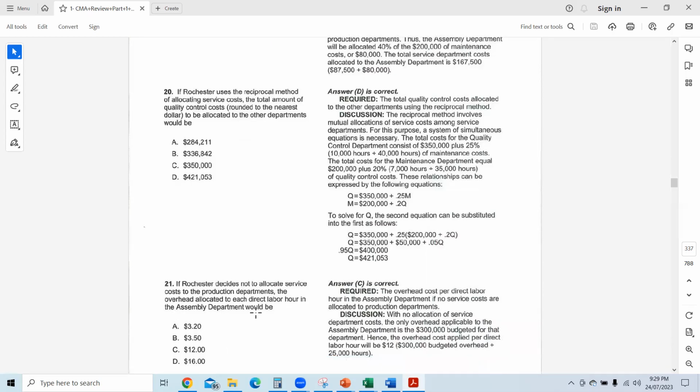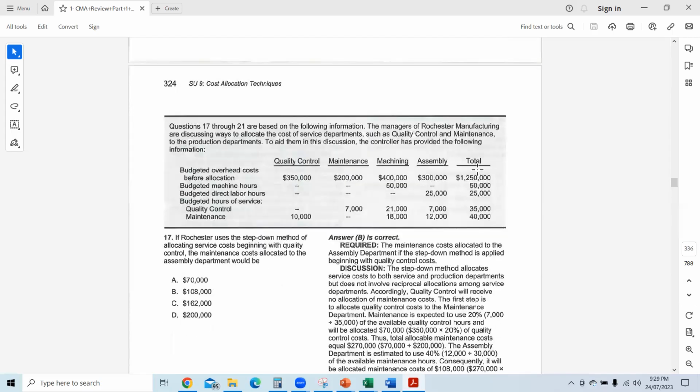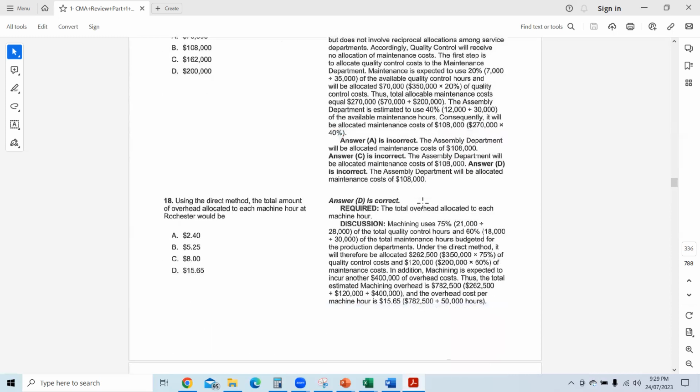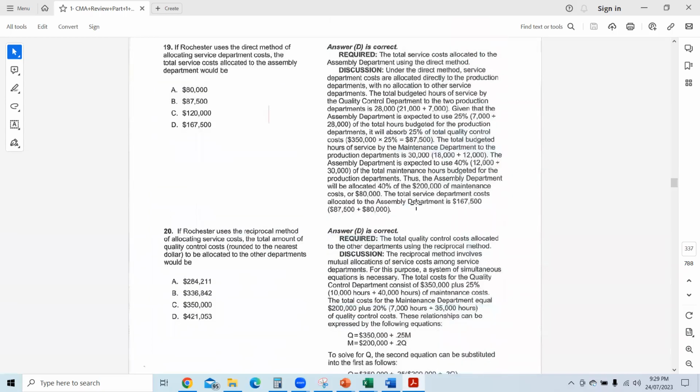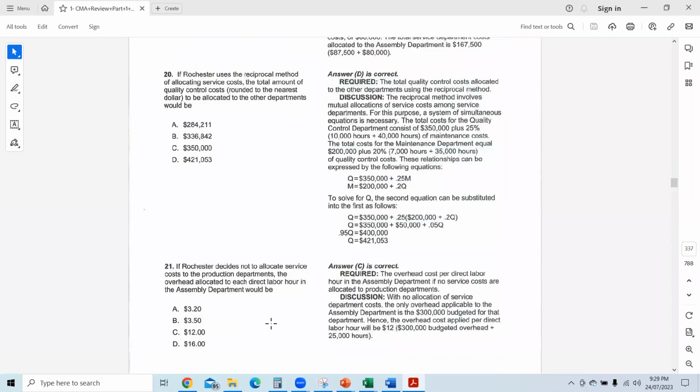If they don't allocate, what is the assembly department cost then? 300,000 only, right? 300,000 divided by 25. So how much will come? I think 12 will come, right? Not to allocate, it will be 12. C is the answer, right?